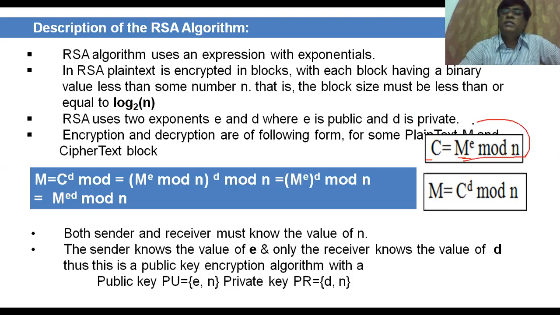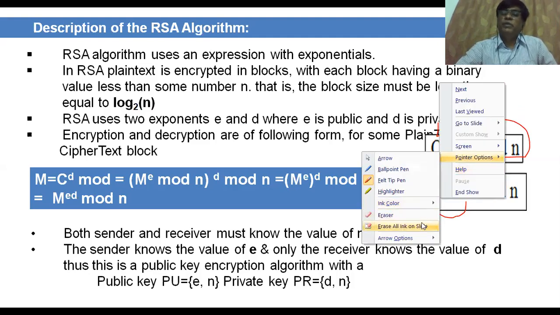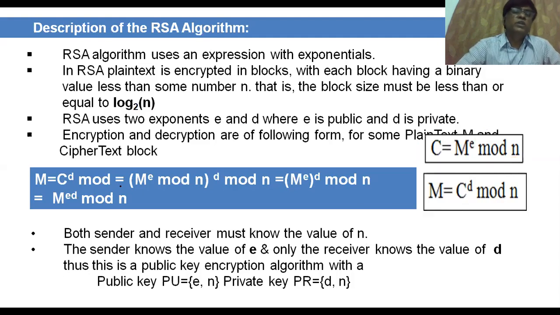After performing this operation, from the plain text you will get some ciphertext. Now, how to get the plain text M from this ciphertext? Plain text M is equal to C power D mod N, where D is the decrypt value. So by using these formulas, we can perform encryption and decryption.